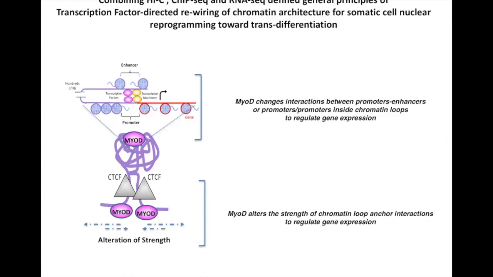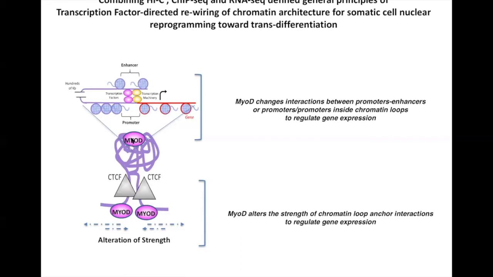As Anthony already explained in the previous talk, these loops are organized such that there are two anchors or boundaries which are co-bound by CTCF and cohesin, and that insulate chromatin interactions that involve promoters and other regulatory elements like enhancers, looping.